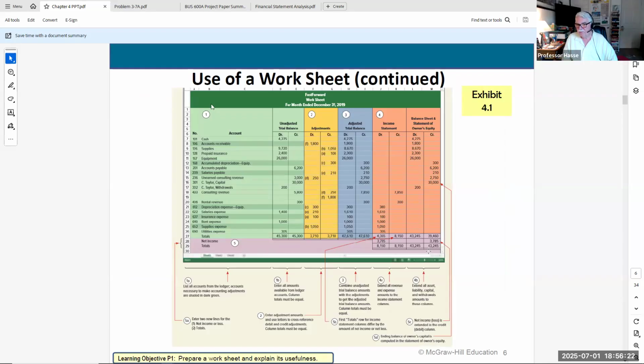Now, the reason why we're not studying it, because I consider this class corporate accounting. No corporations do worksheets. They just have too many accounts. A worksheet is good for the mom and pop small business, but it's not good for the major corporations. All right. So that's why I do not go over it.